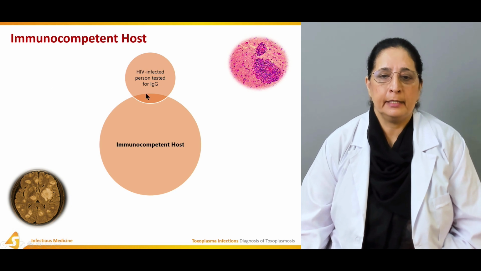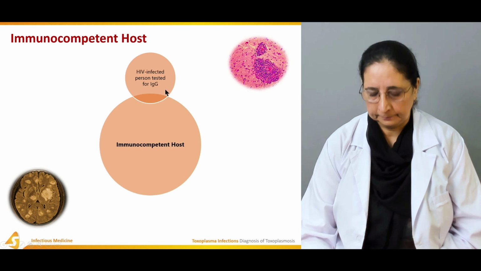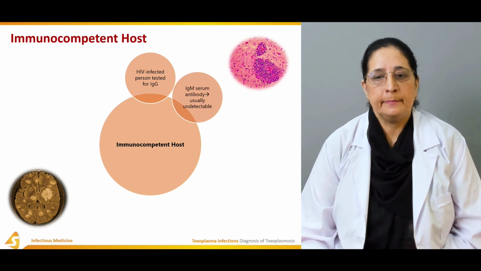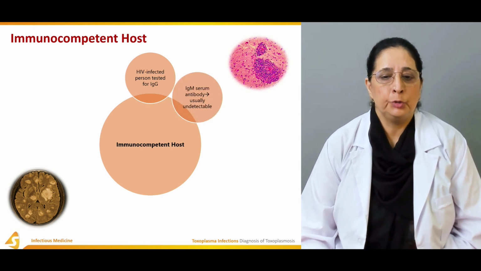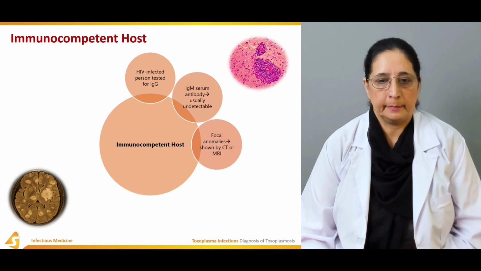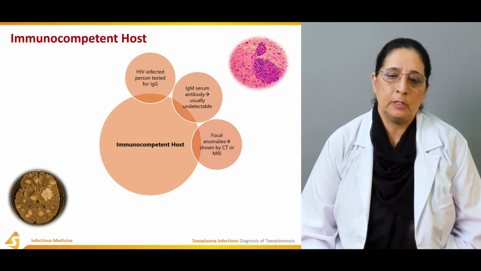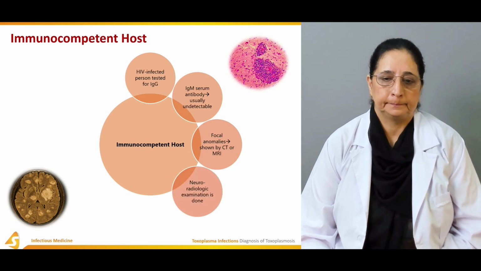HIV-infected persons are tested for IgG. IgM serum antibody is usually undetectable. Focal anomalies are shown by CT or MRI.